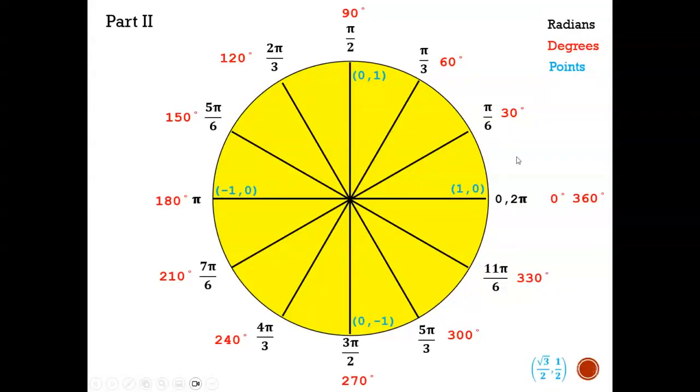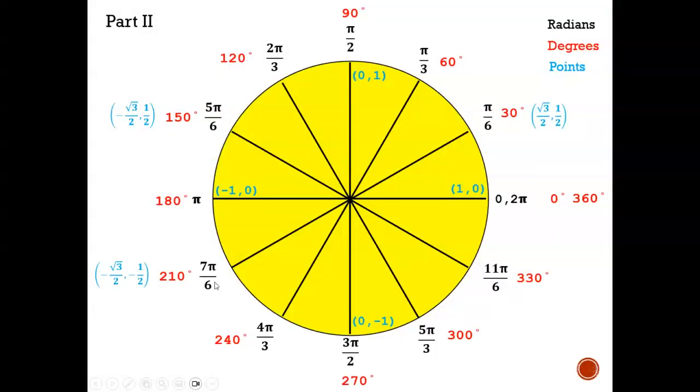Now to fill in the rest of them, any of these fractions that have a denominator of 6, we're going to have square root of 3 over 2 for the x coordinate, 1 over 2 for the y coordinate. However, just be careful of the sign values they're going to have in each quadrant. So in quadrant 1, all the points are positive coordinates x and y. Quadrant 2, denominator of 6, it's square root of 3 over 2 and 1/2. However, the first coordinate is negative.